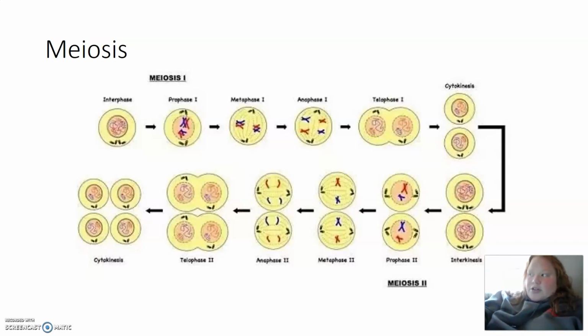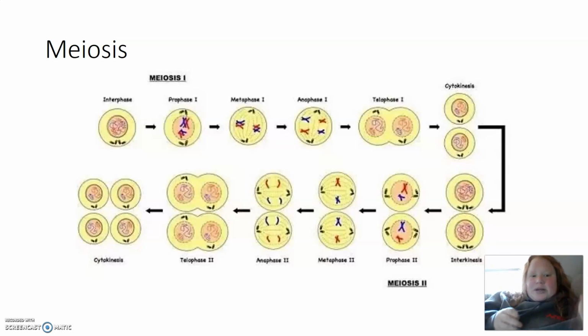This is why things do sexual reproduction, because the chromosomes line up next to each other, and sometimes they do what's called crossing over. And so this section of DNA on one chromosome would switch with this section of DNA on another chromosome, and it's how you end up with more diversity in your gametes.